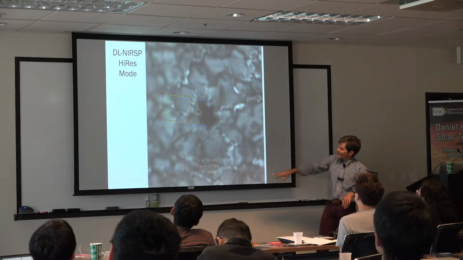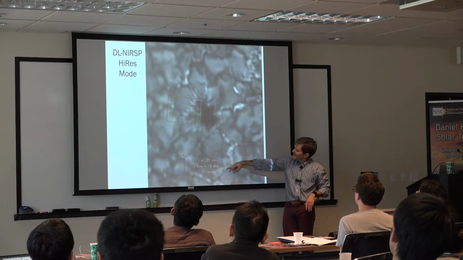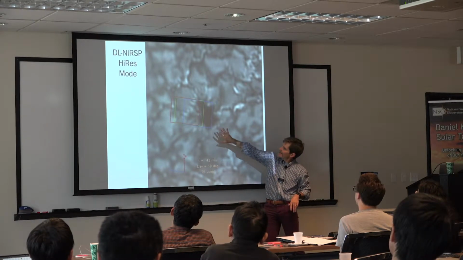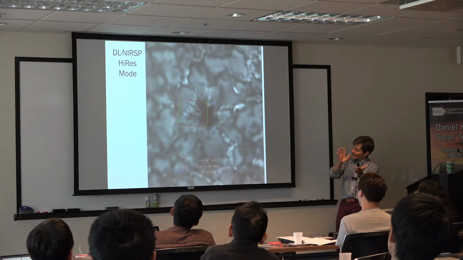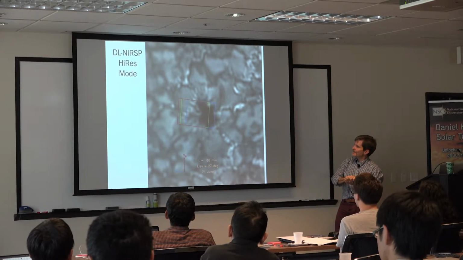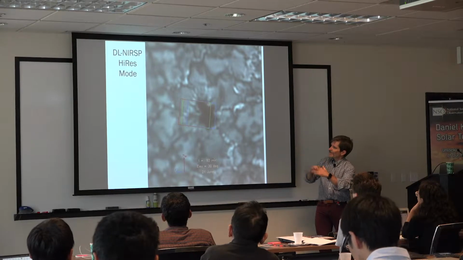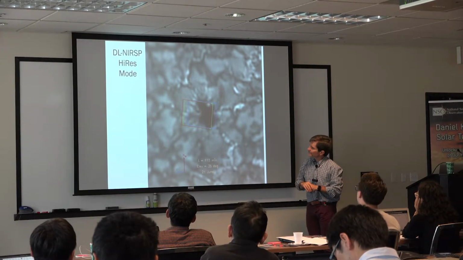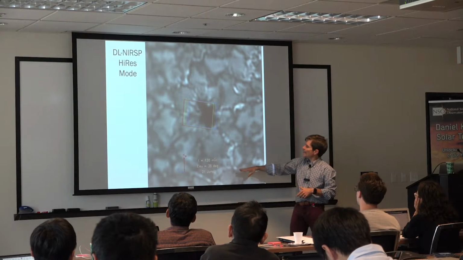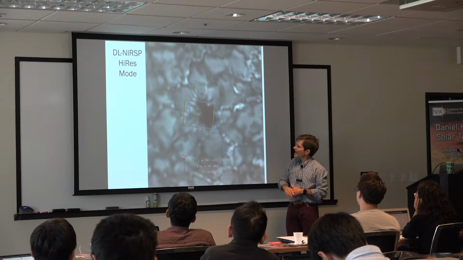And so now we see, as we run through time here, 15, 16 degrees, these boxes of the DL-NIRSP. This is the high resolution field of view on DL-NIRSP. And they sort of start to pull in and line up on each other. Especially now we're up to 40 degrees, so there's a lot of overlap now.